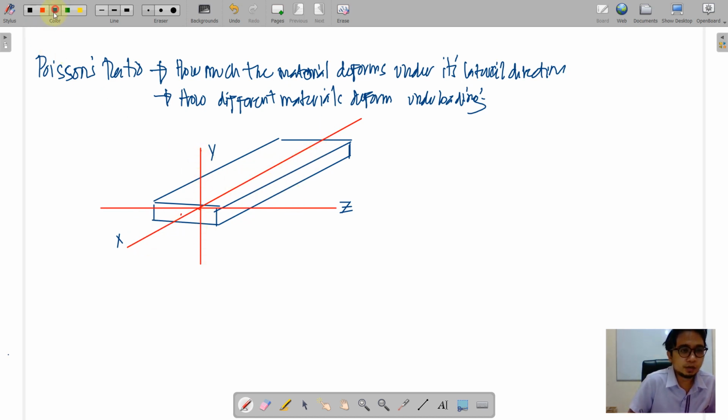So perhaps we can have here a scenario. See, if I'm going to apply a longitudinal tension along X, therefore the longitudinal axis is on X. Okay, so wherever is the loading, whatever the axis of the loading, therefore that is the longitudinal axis.